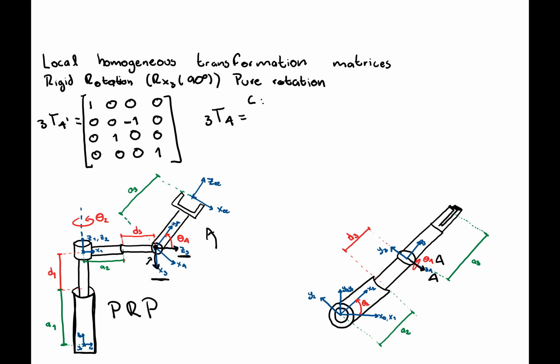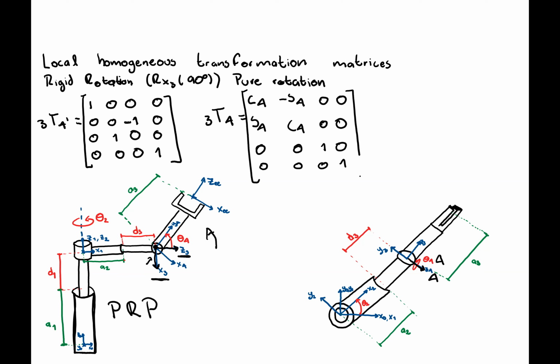So this becomes C4, so cosine of theta 4, minus sine of theta 4, 0, 0, S4, C4, 0, 0, 0, 0, 1, 0, 0, 0, 0, 1. And this is our rotation about the z-axis corresponding to the homogeneous transformation matrix from frame 3 to frame 4.